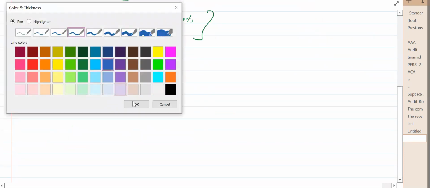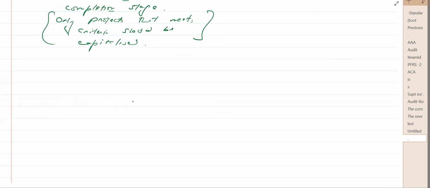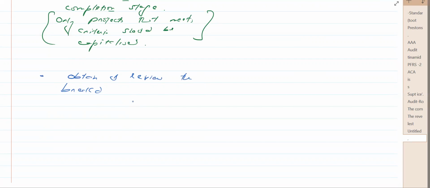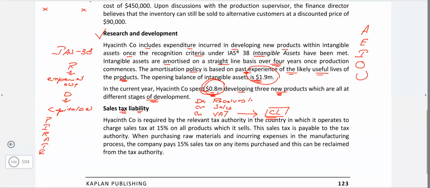The next procedure. Obtain and review the breakdown of spending of 0.8 million.